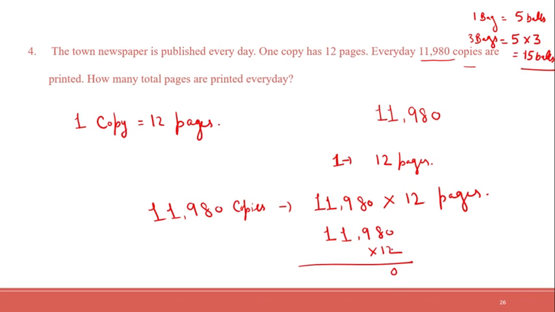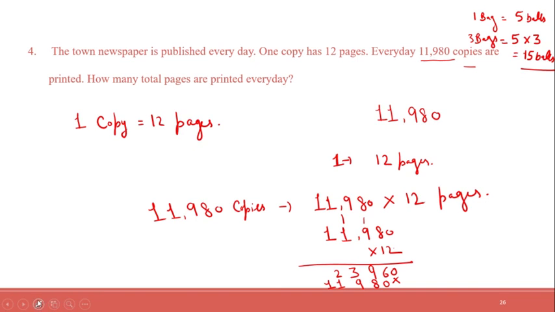So it is 0 here, 2 times 0 is 0, 2 multiplied with 8 is 16, 6 and 1 carry here, 2 multiplied with 9 is 18, and 1 carry 19, 9 and 1 carry here, 2 multiplied with 1 is 2 plus 1 is 3, again 2 multiplied with 1 is 2. Similarly, now 1 multiplied with 0 is 0, 1 multiplied with 8 is 8, 1 multiplied with 9 is 9, 1 multiplied with 1, and again 1 multiplied with 1.